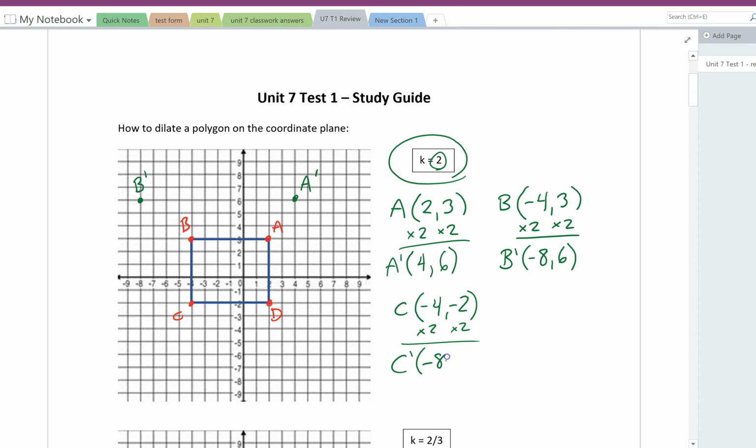So C prime is going to be at -8, -4. And D. D is at 2, -2. If I multiply both of those by 2, D prime ends up at 4, -4. And then I can sort of sketch in my dilated rectangle from there.